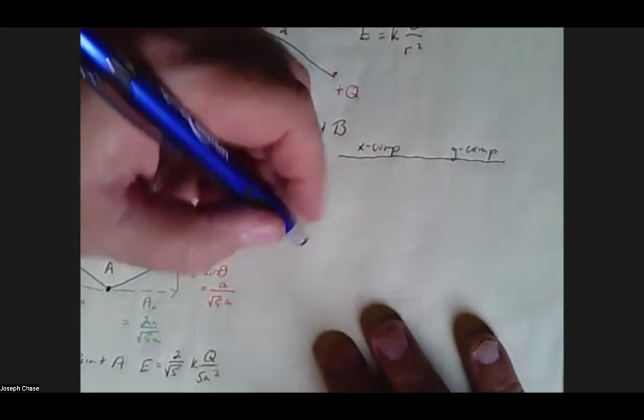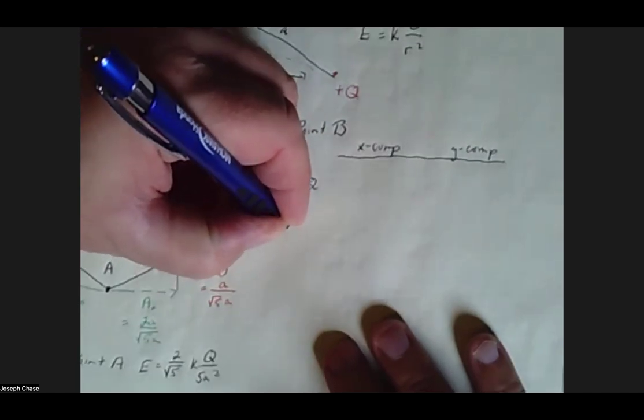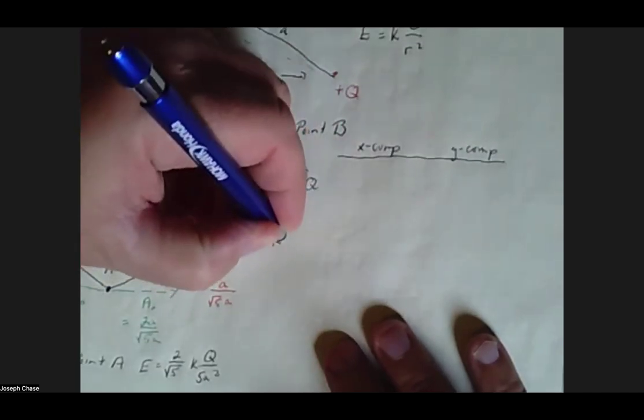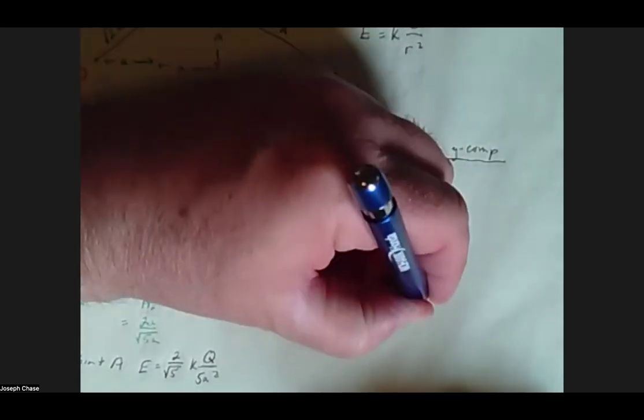And we're going to have our electric fields coming from the right Q. And then the one coming from the left Q. Okay, so establish our table.